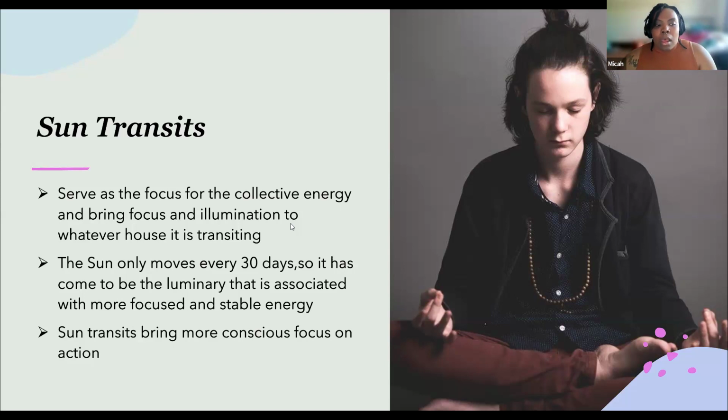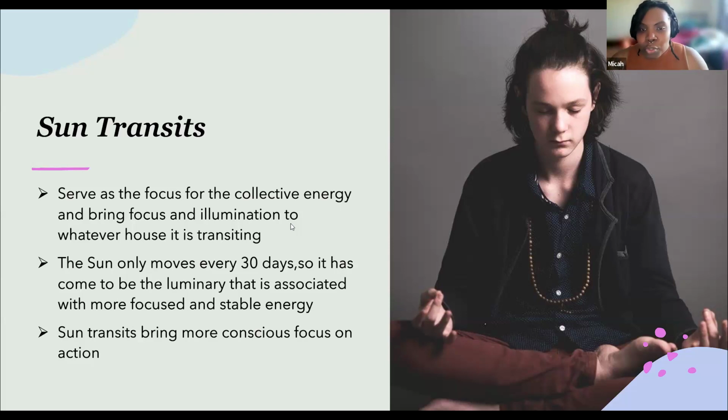Okay. These can be things that you consciously are aware of, and usually it is because the sun is your consciousness, but not always. It can be stuff that you just fall into sometimes, just because life is life. But it usually does have to do generally with the sun transit.